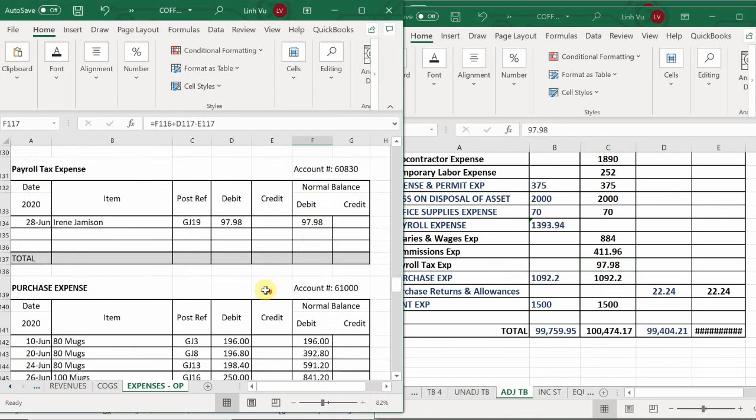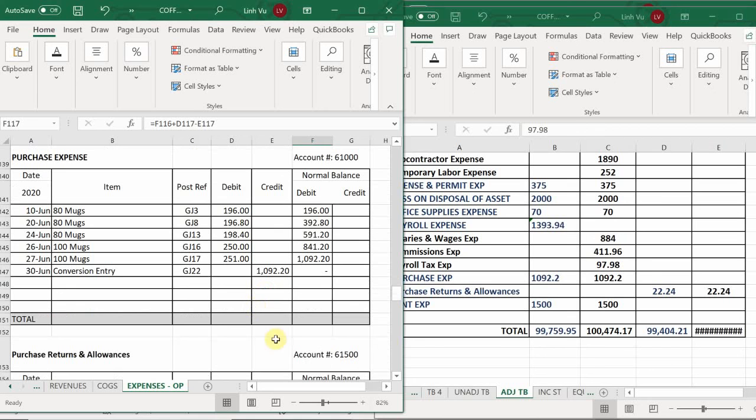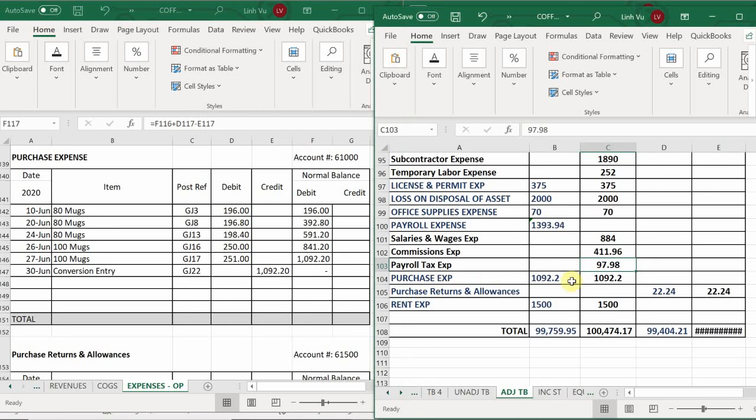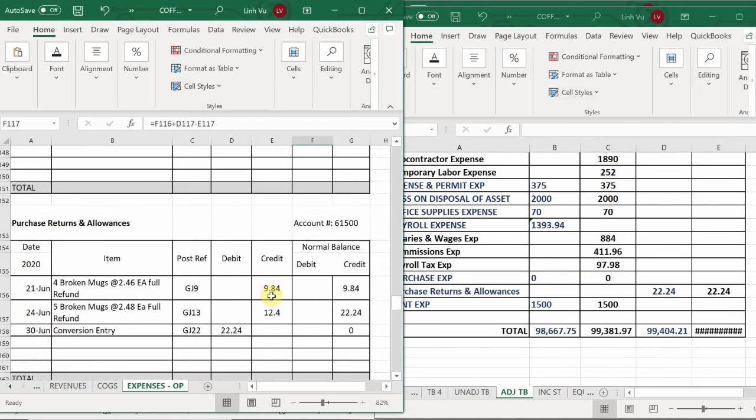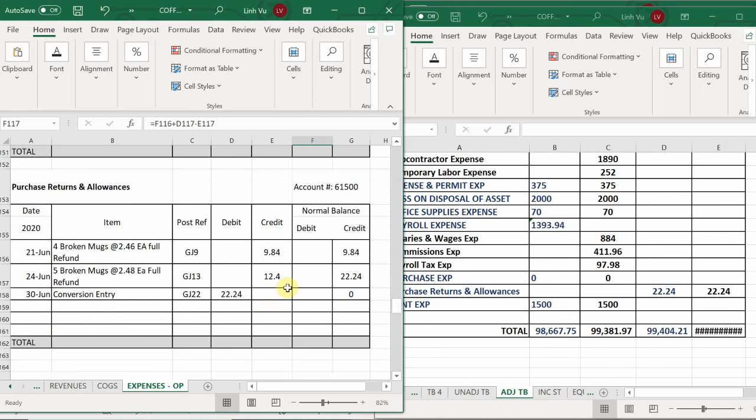Next is going to be purchase expense. The same? Let's look at it again. Oh, is it? No, nothing. There's nothing there because we converted it, right? So it's 0. What about my purchase returns and allowances? It's also 0.